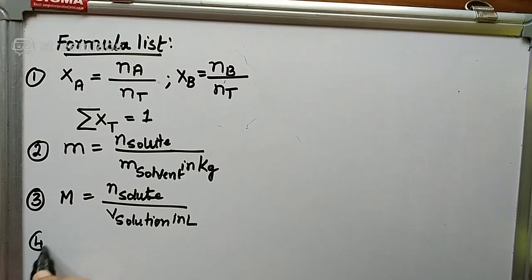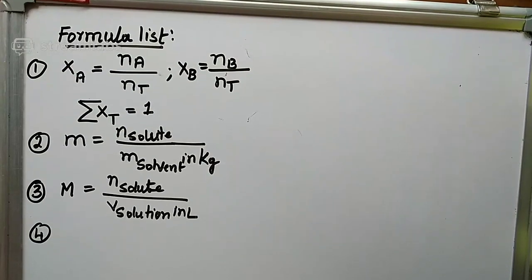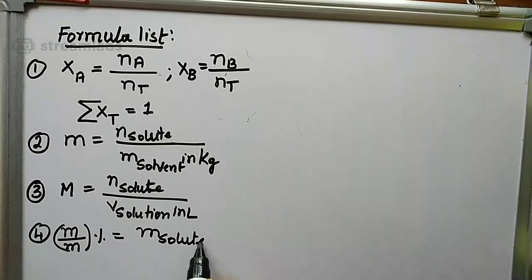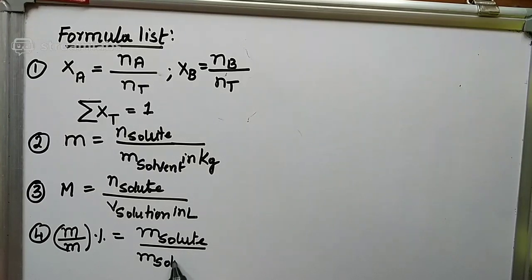The fourth formula that we have studied was for mass percentage. m by m percent is equal to mass of solute divided by mass of solution, whole multiplied by 100.